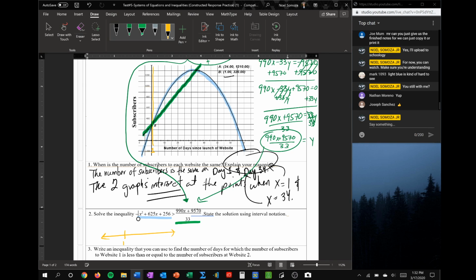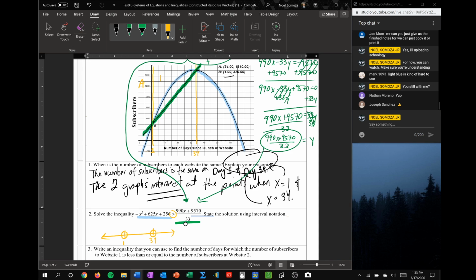At 1, open or closed? Look at the inequality. It's greater than, so it's an open circle. The other point of intersection happens right here at 34. So you put a point on your number line, call that 34, and again, open circle.